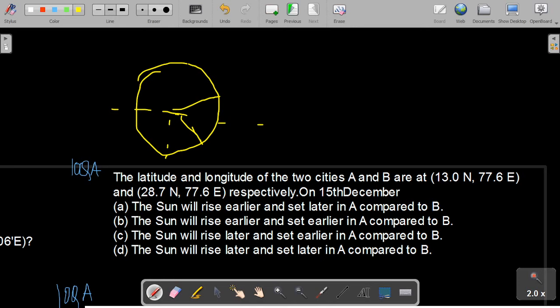The further north we are, the shorter the days will be. So A is more southern, so the days would be longer there as compared to B. So the sun will rise later and set earlier in B compared to A. Option C.